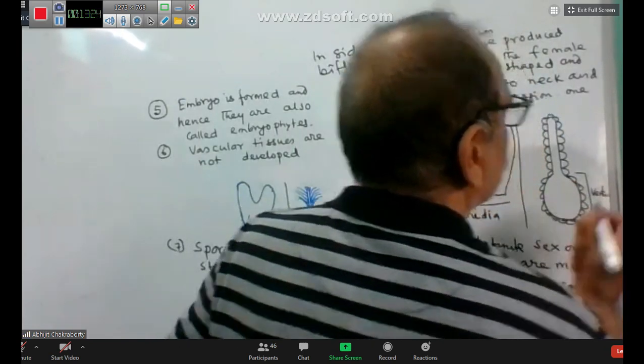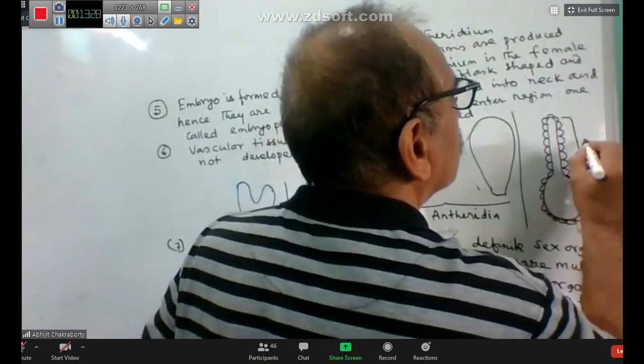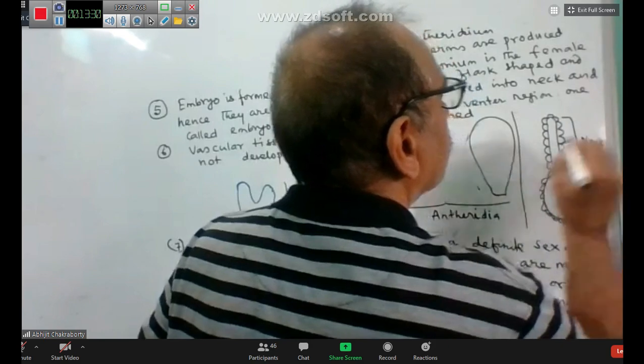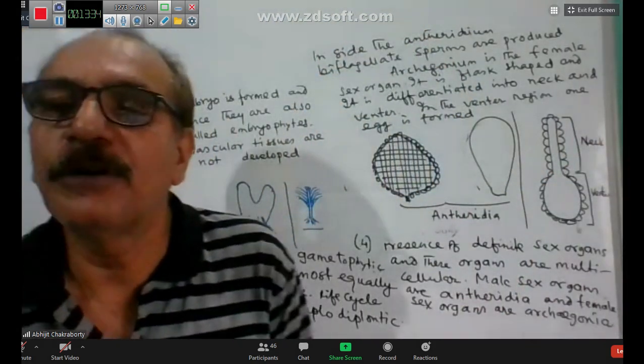This is short. And this part is called neck. The tubular part is the neck and the swollen part is called the venter.